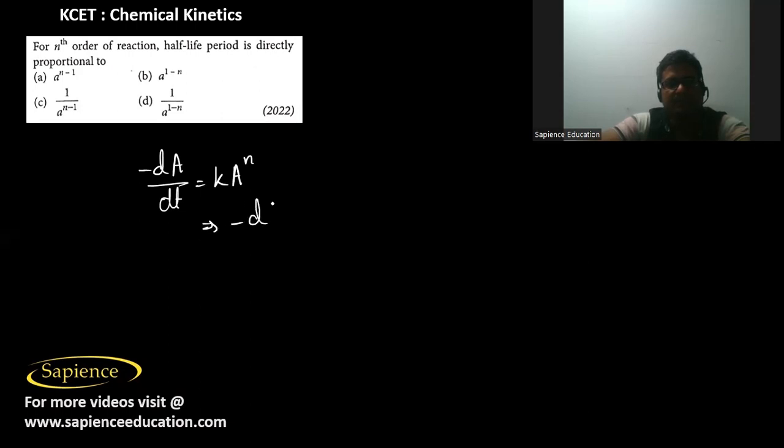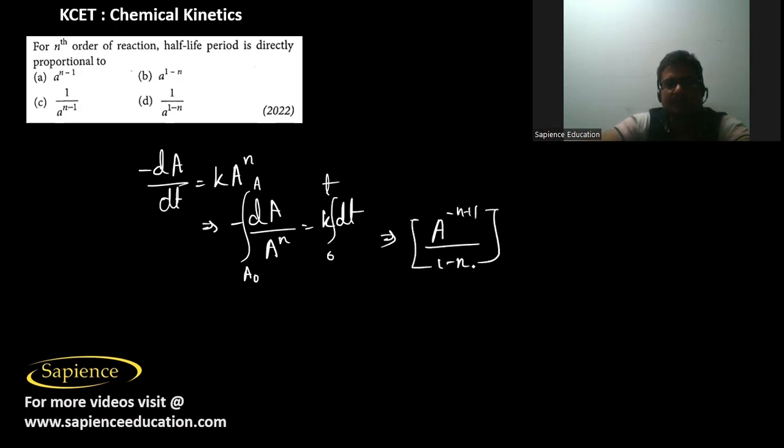So therefore I can say minus dA by a power n is equal to K dt. Now we can integrate it from a naught to a and from 0 to t. Then it will come a power minus n plus 1 by 1 minus n, going from a naught to a, and this will be kt.